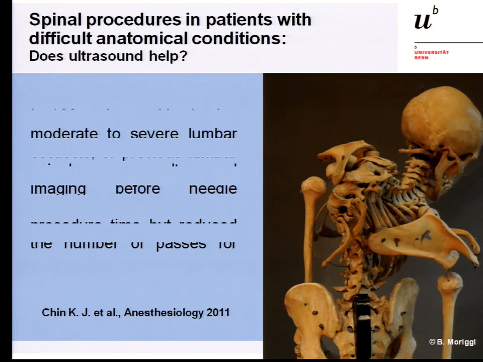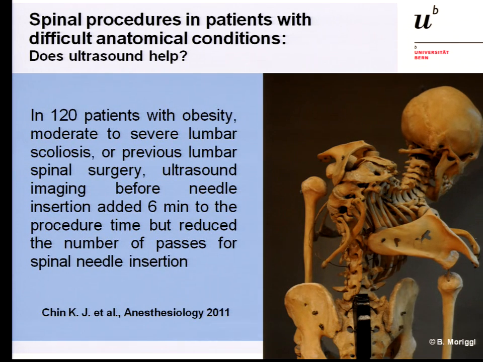I will show you another study from the group here in Toronto. Again, Dr. Chin, the main author, they were studying 120 patients with obesity, moderate to severe lumbar scoliosis, or previous lumbar spinal surgery. And they were trying to do spinal anesthesia with the landmark method or ultrasound imaging before the needle insertion.